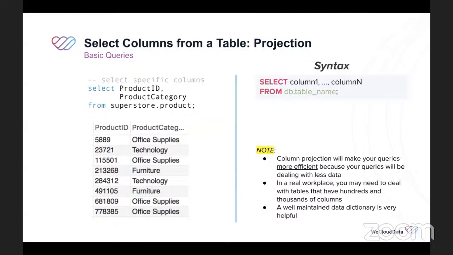And like I mentioned, SQL is not case sensitive. So for product ID, you can have all lowercase, all uppercase, or proper case in this tag. The only effect that it does have is on the output.